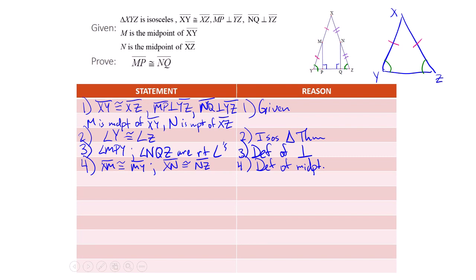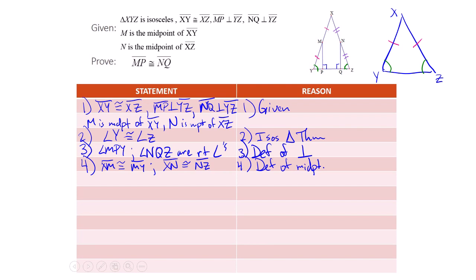All right, so we're getting close, right? We have right triangles here, and we have the hypotenuses. We don't know the hypotenuses are congruent yet, right?